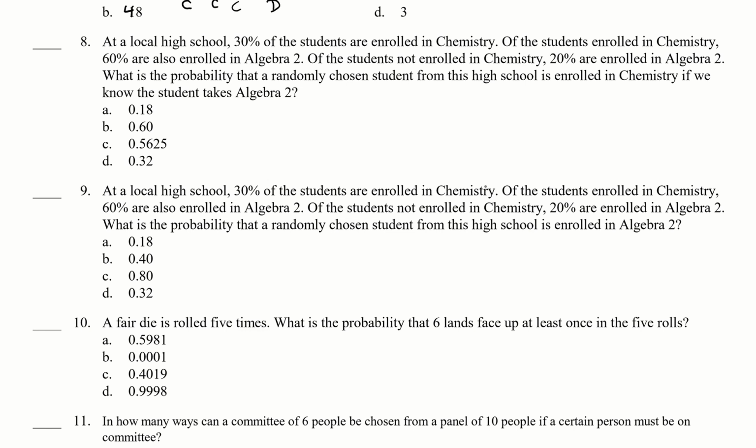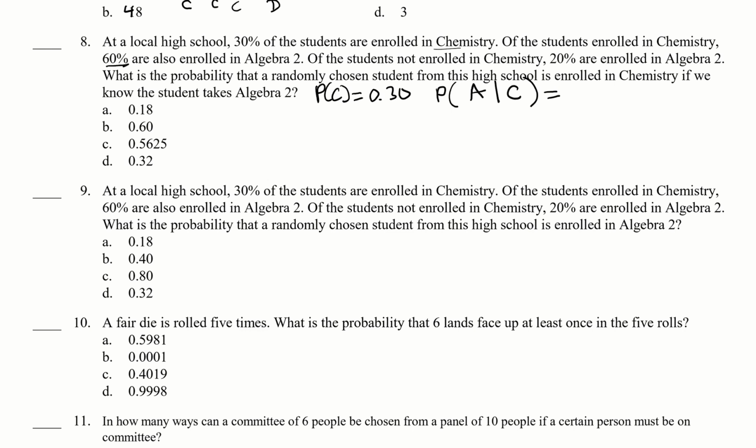Okay, all right, so it says 30% of the students are enrolled in chemistry. So the probability of chemistry is 0.30. And it says of the students enrolled in chemistry, so given that they are in chemistry, what is the probability that they're in Algebra 2?